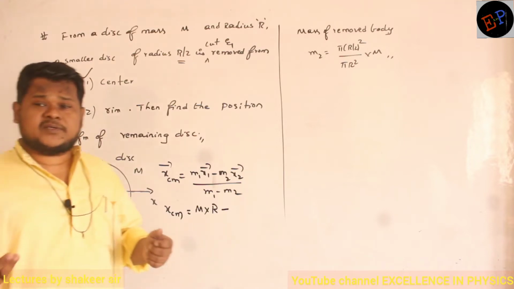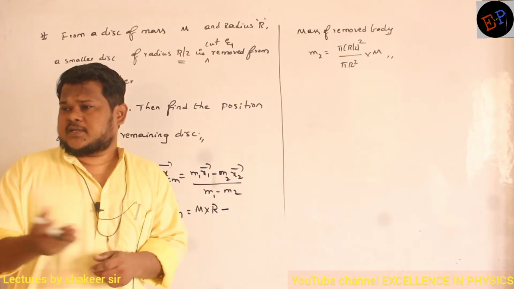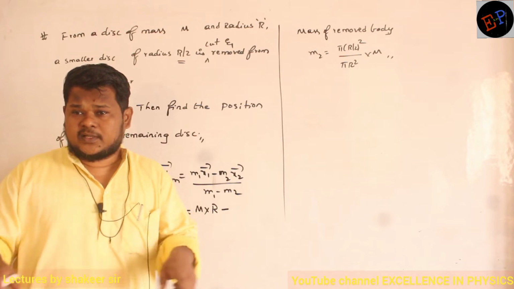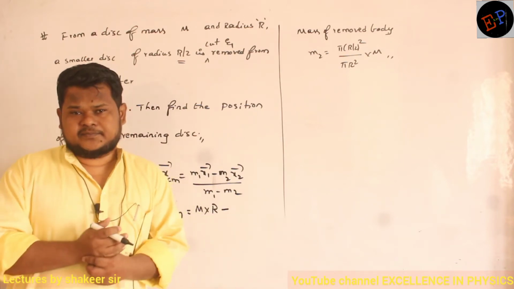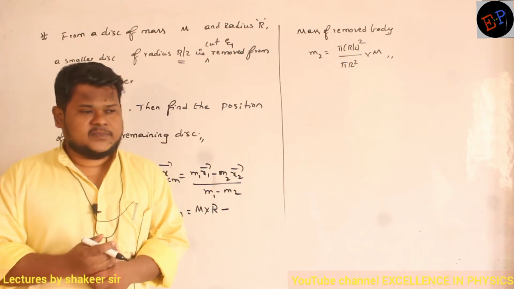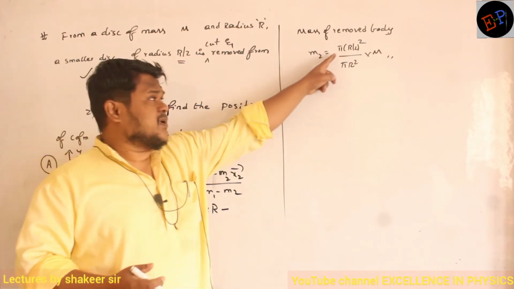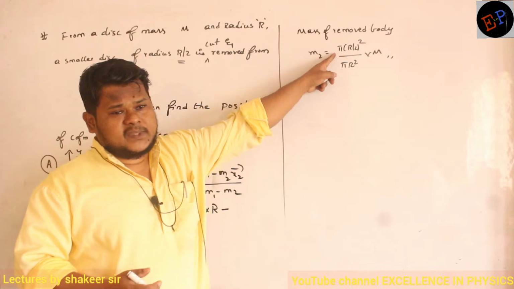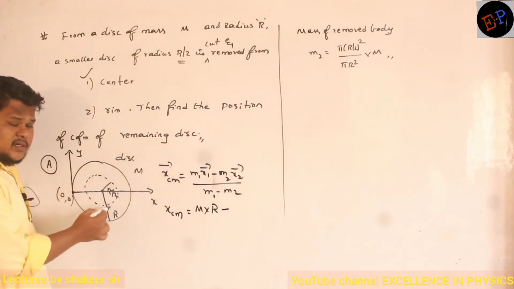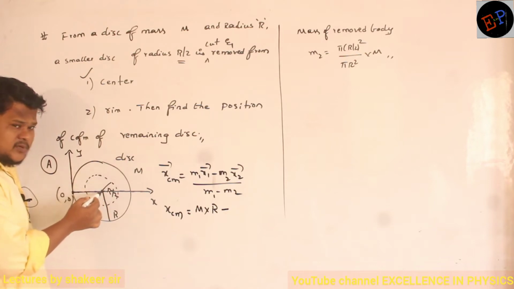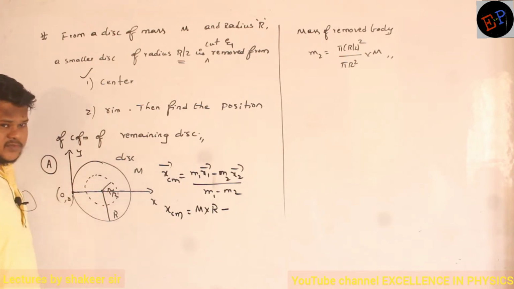So for laminar bodies, how is mass distributed? Yesterday we discussed that mass is distributed throughout the area. If the area is bigger, the mass also will be bigger. So what is pi (r by 2) whole square? It is the area of the removed disk. Its radius is r by 2, so its area is pi (r by 2) whole square.